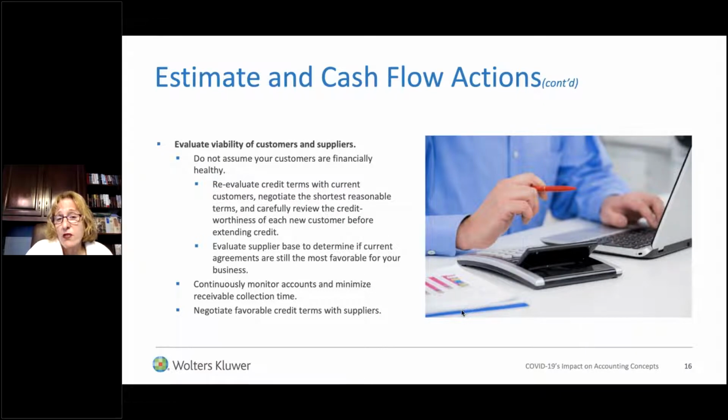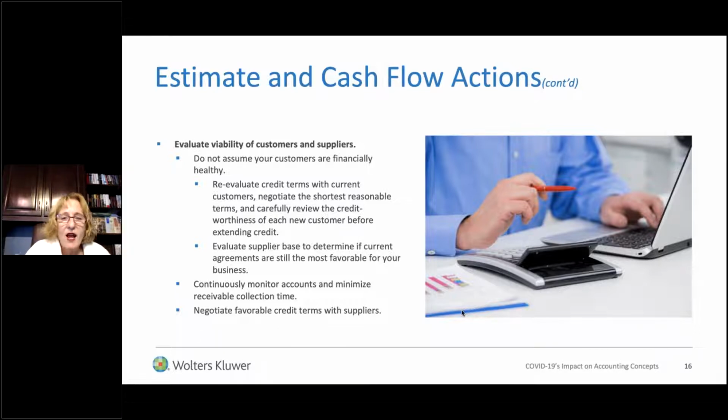And this goes with cash flow actions, but also just with your general overall business. Don't assume your customers are financially healthy. Everybody is going through different experiences during this time period. I'm a long-time internal auditor, and I've got external audit background. As internal audit, maybe we used to look at customer or supplier viability once every 3 years.